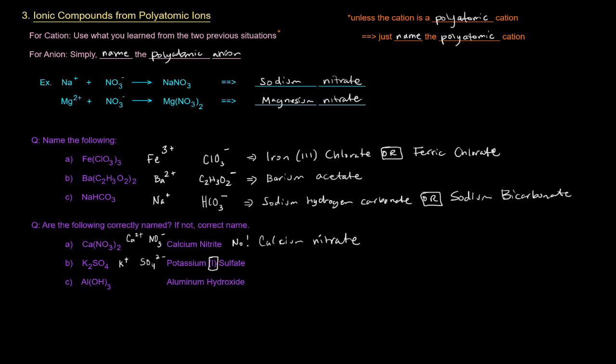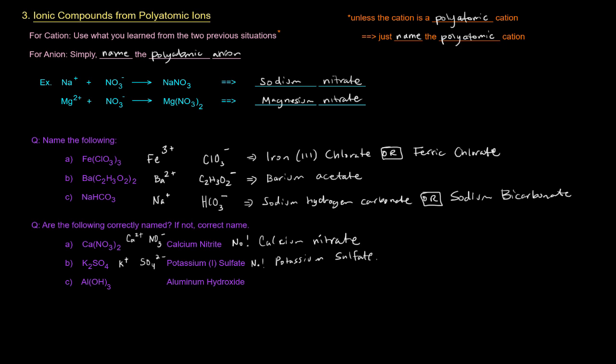It's written as potassium(I) sulfate. That's not supposed to be there, because with potassium there is no ambiguity. It's always +1, so you don't have to explicitly label that. So that's not correct. Instead, it's just potassium sulfate. So potassium sulfate would be the correct name for that.